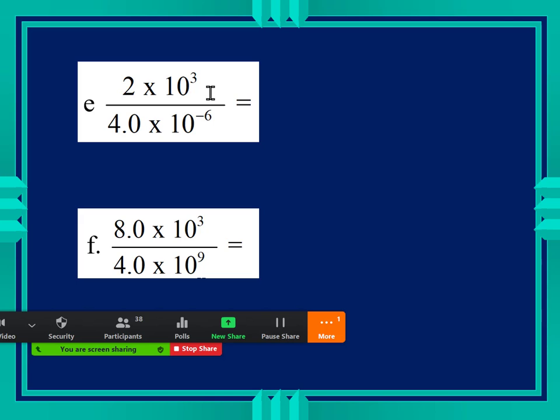All right. So, on this first one, 2 times 10 to the third divided by 4 times 10 to the negative 6th. That's what I have to push in my calculator. 2 EE3 divided by 4 EE negative 6 equals, I get a screen full of numbers.